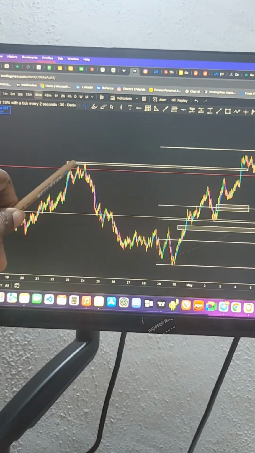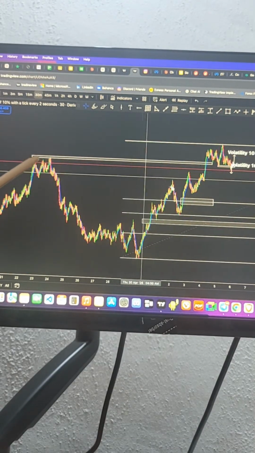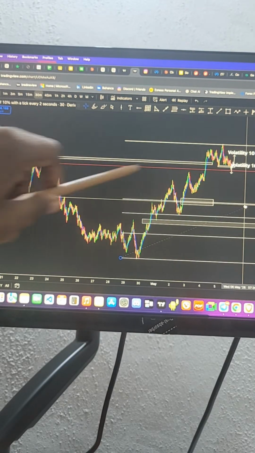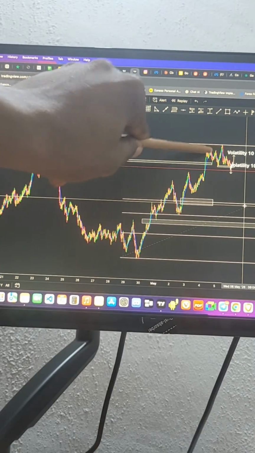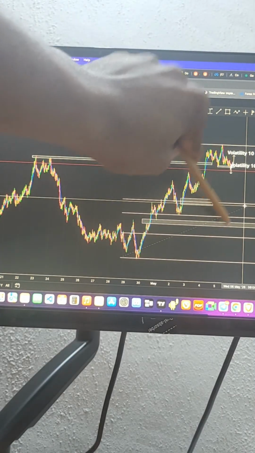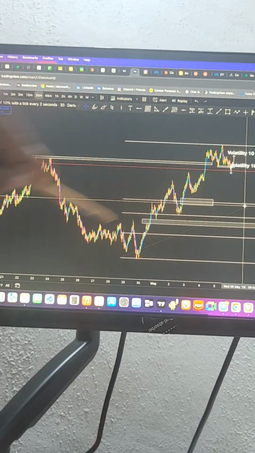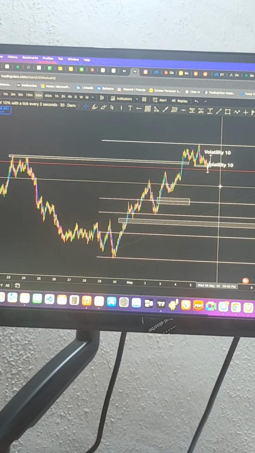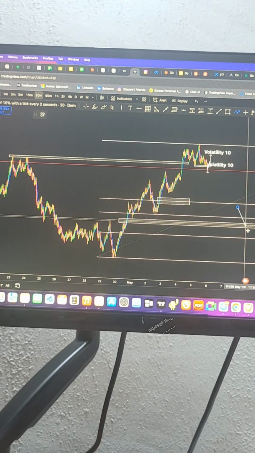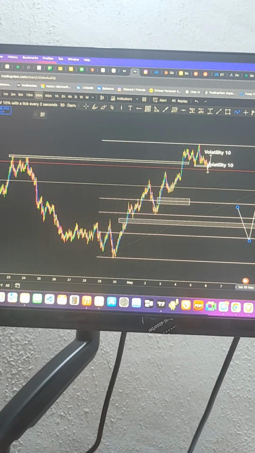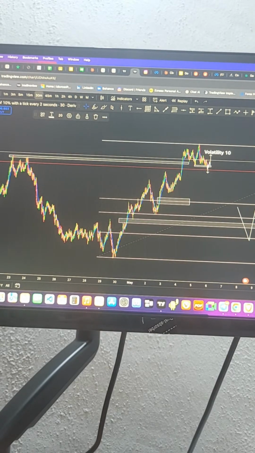You can see that price broke this previous lower high. It was broken to the upside, so this is a change of character. So we just need that push back to a much discount level, so we can take the buy trade. So we should be expecting that buy trade from all this side. All this is our area of interest. All we need to do is to look for confirmation from all these zones you are seeing here, and you can switch to lower time frame to get that sniper entry.